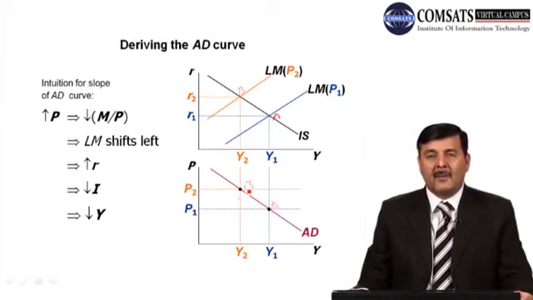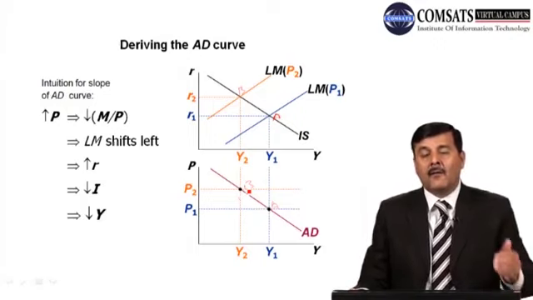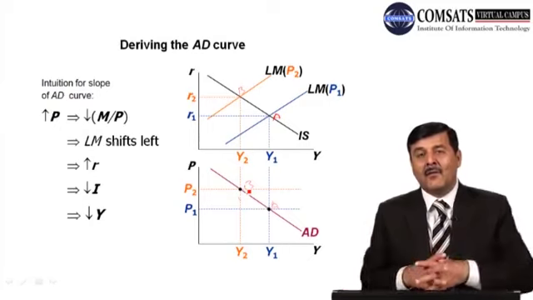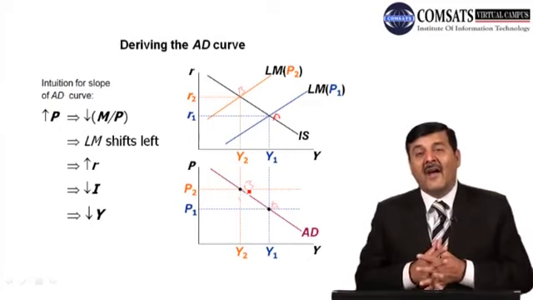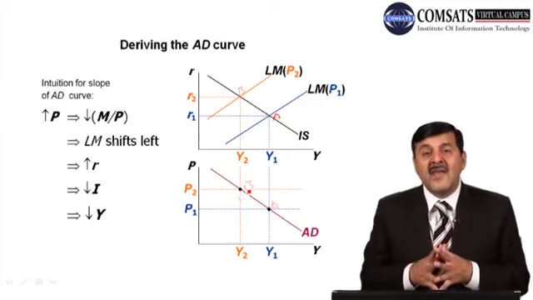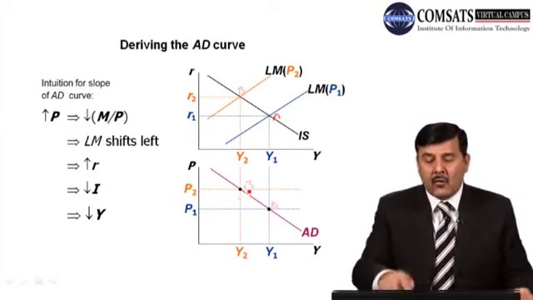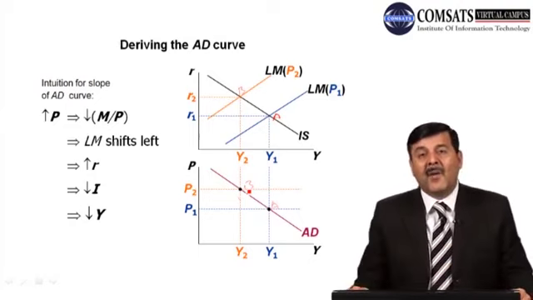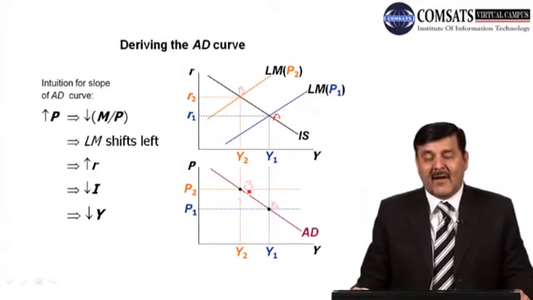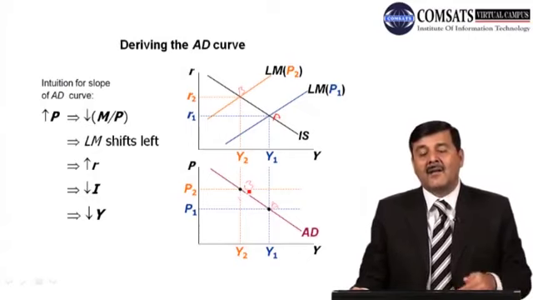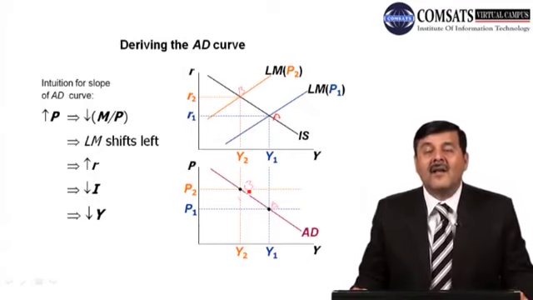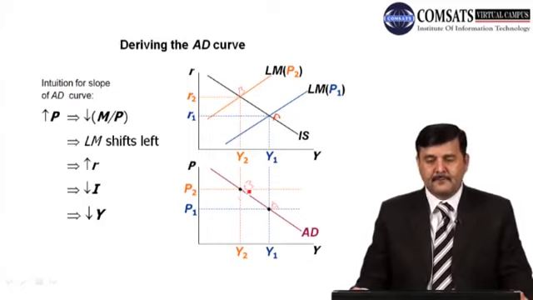With the left shift in the LM curve, the rate of interest goes up, investment decreases and income decreases. Corresponding to this decrease in income due to the rise in prices, we have another point, point B in diagram B. If you combine these two points, you get the aggregate demand curve, and this aggregate demand curve is derived from the IS-LM model.